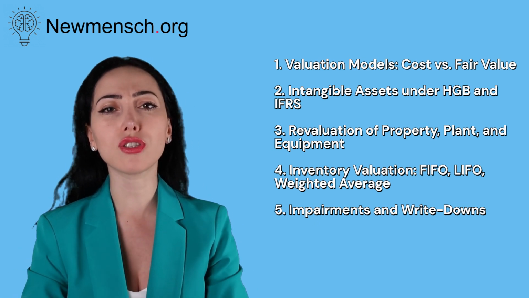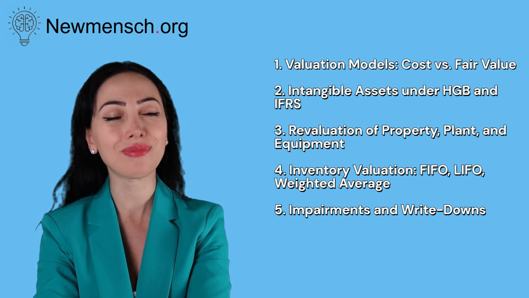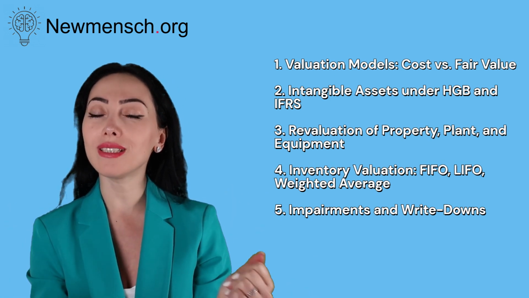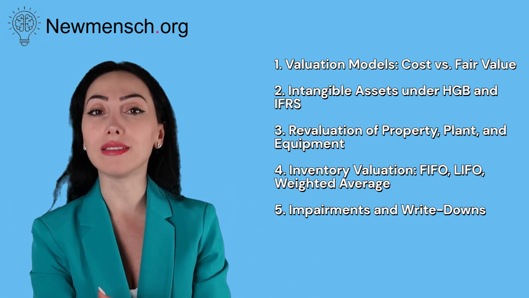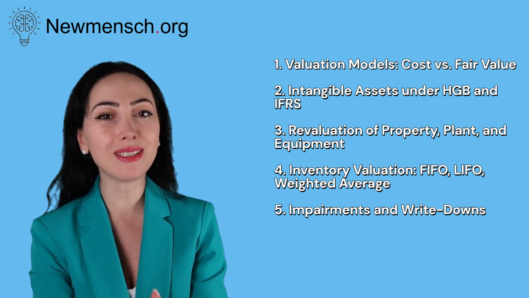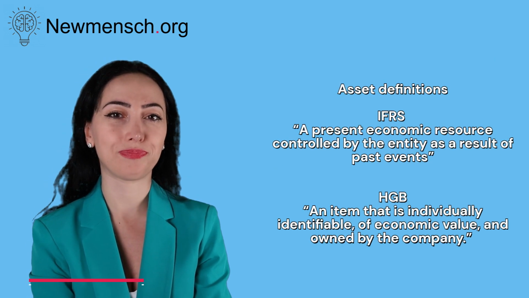Of course, it makes sense also to look how inventory valuation methods differ. And our last objective will be on impairment calculation and differences under both frameworks. If you're ready, we will move to our first objective.